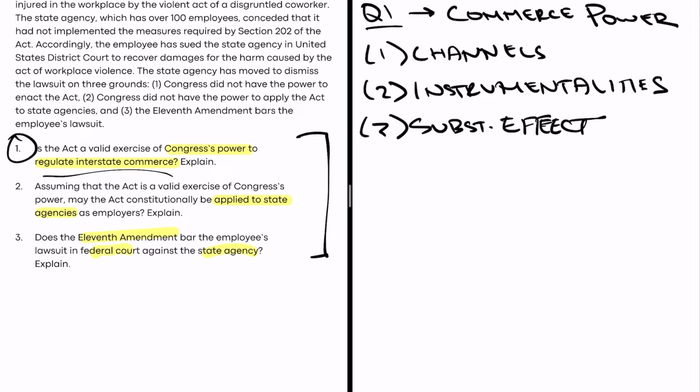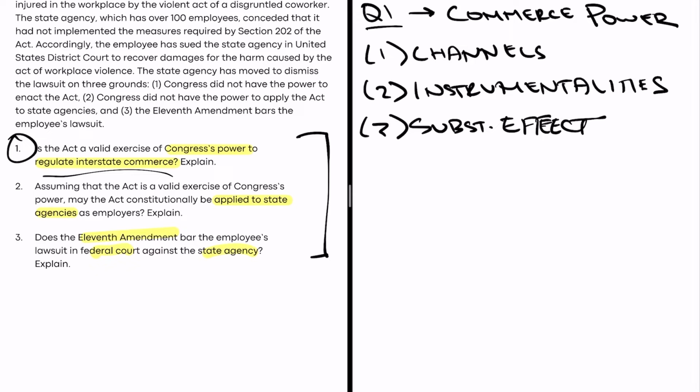If any of these three prongs are met, then we're going to say Congress does have the power to regulate that activity under their Commerce Clause power under Article 1, Section 8 of the U.S. Constitution. So we're looking at number 1 and number 2 first. Is Congress regulating a channel of interstate commerce or an instrumentality of interstate commerce? If they're regulating a channel of interstate commerce, that's valid.